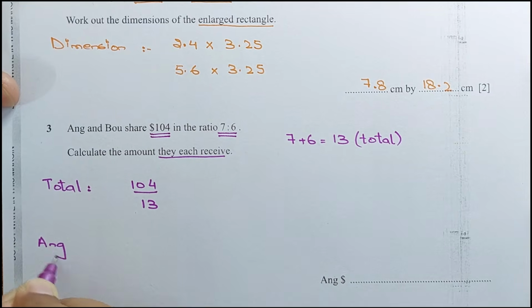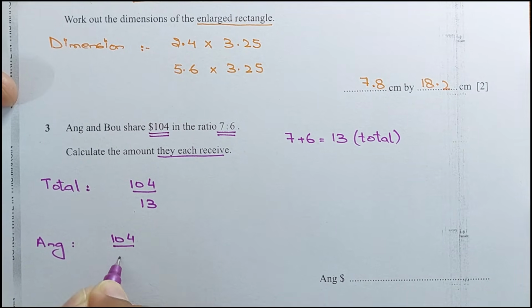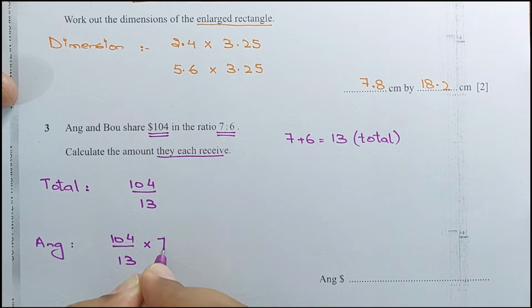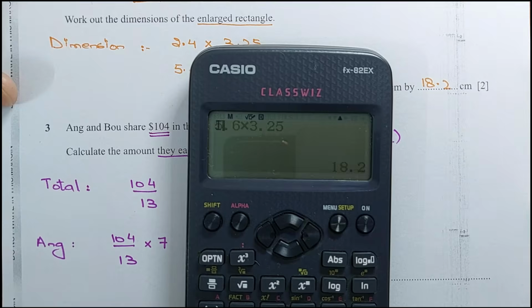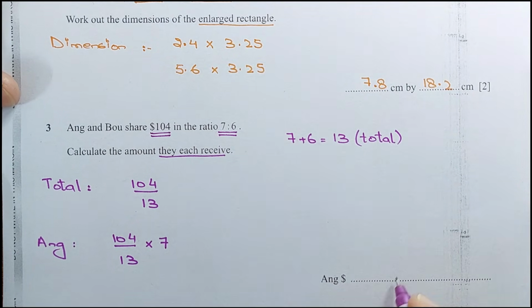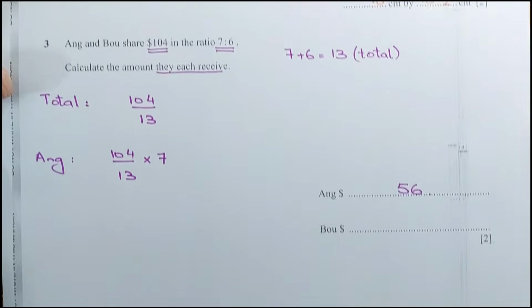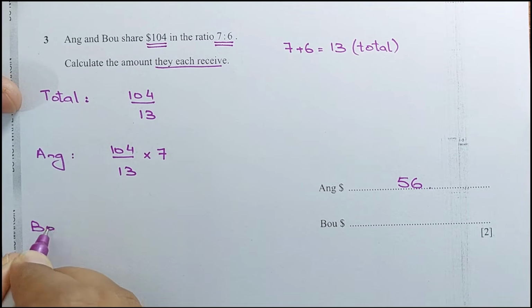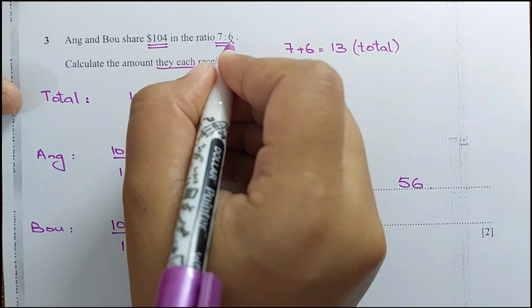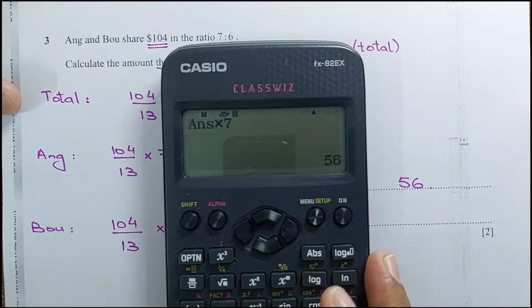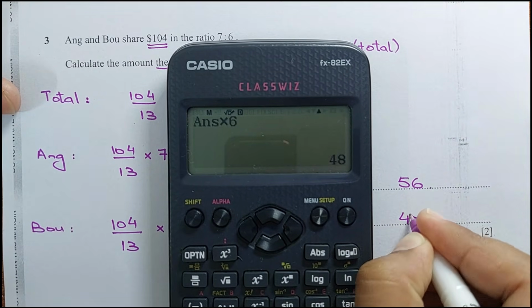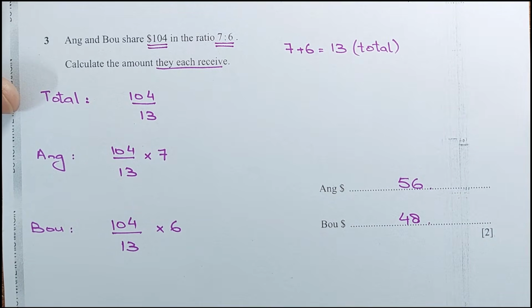Now for Ang, we can say 104 over 13, the total money shared over the total ratio, multiplied by Ang's share, which is 7. So 104 divided by 13 multiplied by 7, that is $56. And for the second person, Boo, it is 104 over 13 times its ratio, which is 6. 104 over 13 times 6, that is $48. So this is the amount they each receive.